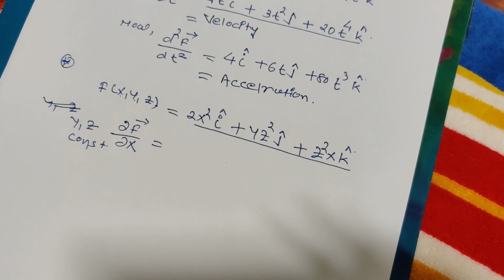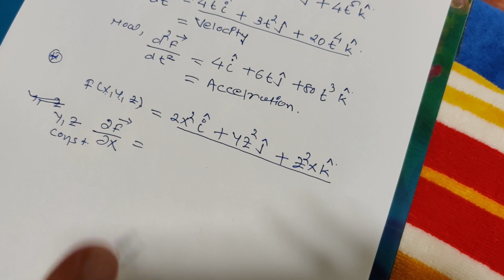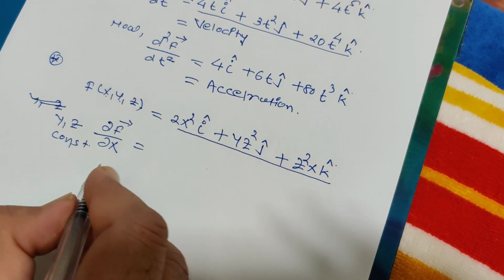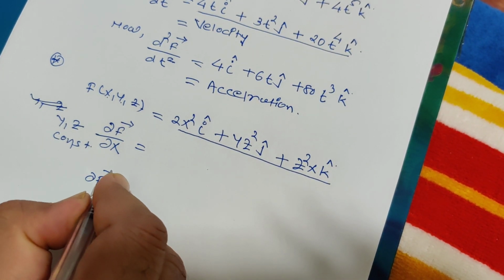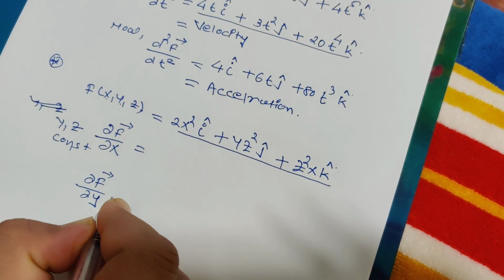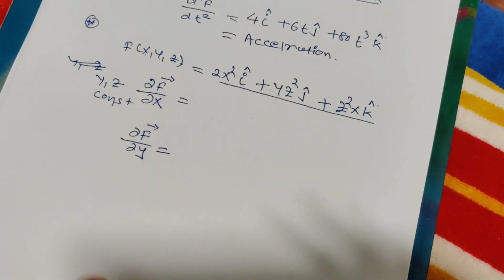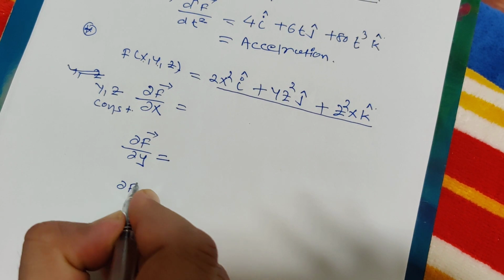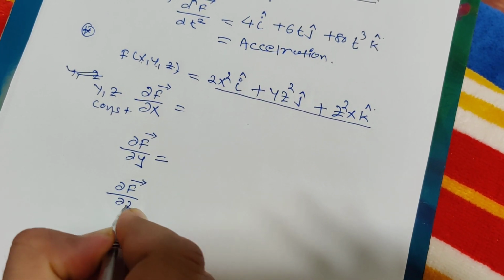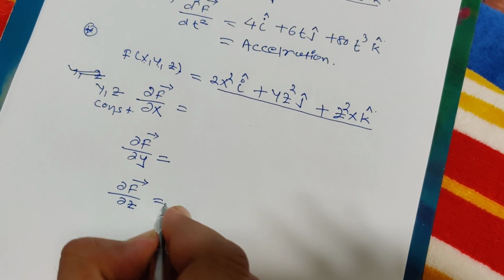That you know it very well how to find the partial derivative. So you can find del f by del x, then you can also find del f by del y, and you can also find del f by del z.